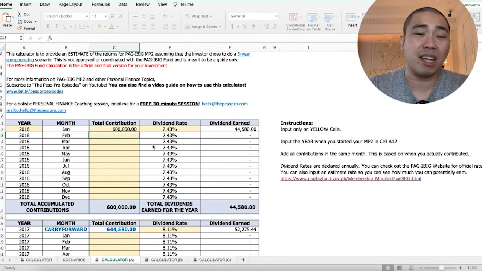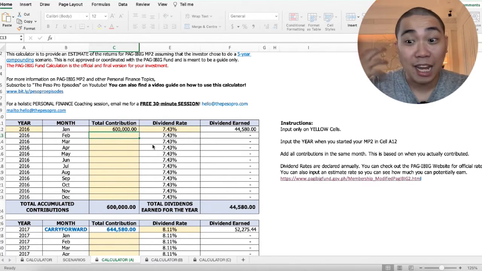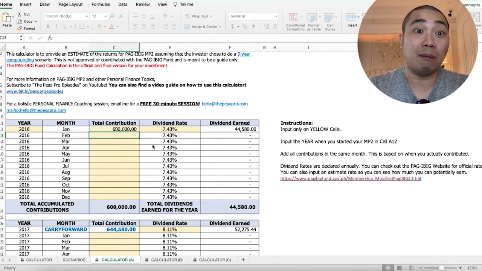This could be savings na save mo na like prior, or this can be maybe money that you have in another instrument na gusto mong ilipat sa MP2 because the yield is higher, right? Typically mga 6 or 7% tax-free and also insured by the government. So it's actually a really good deal to build wealth over time.